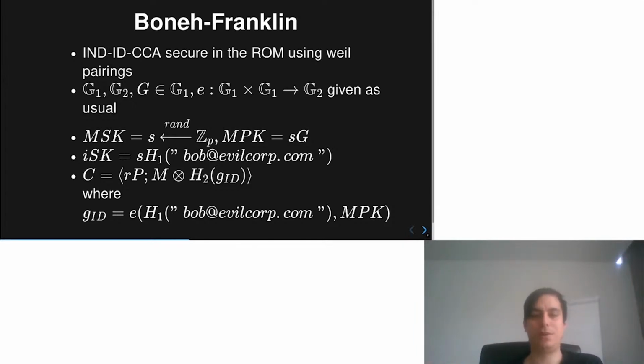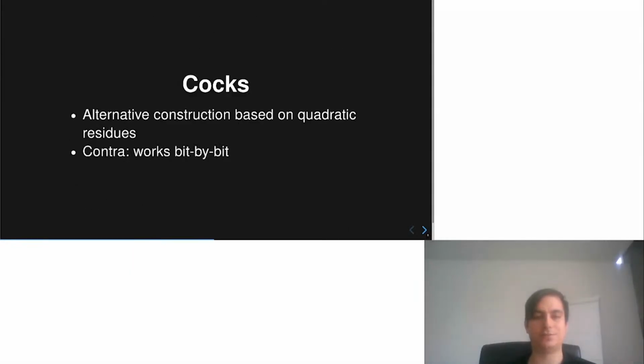Anyone can hash bob@evilcorp.com into G1, and you also have to bind this identity to the one authority that maps these identities to the keys, because an infinite amount of keys could otherwise exist for Evil Corp, and you still need the authority of this trusted key generator to restrict the decryptor's identity.